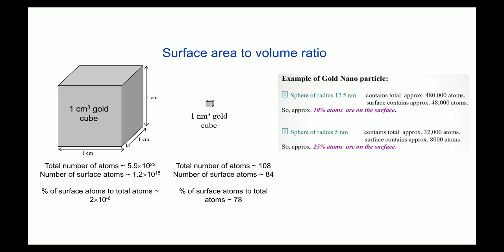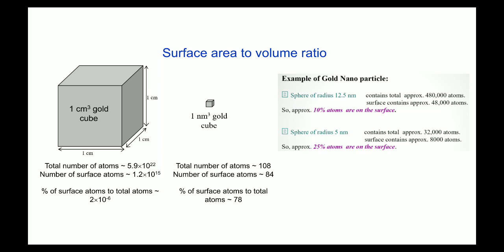You can see the number comes in the range of 2 × 10^-6 percent. All other atoms are below the surface atoms, in the bulk of the material.